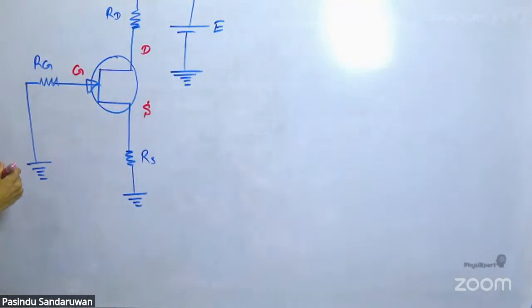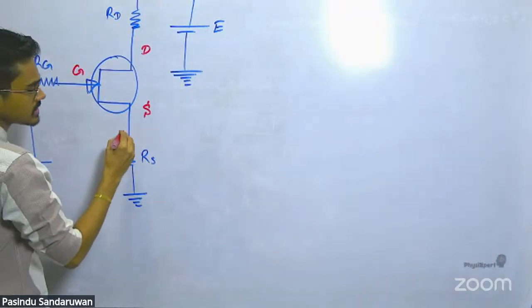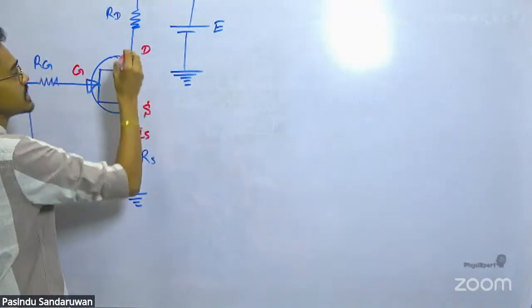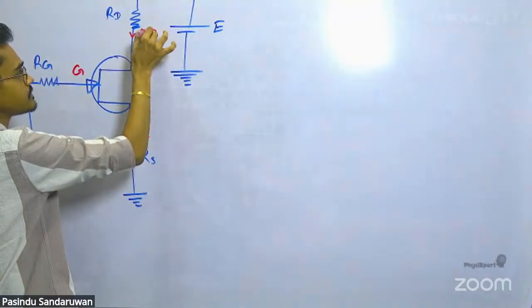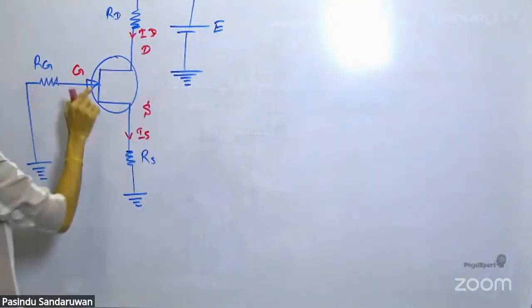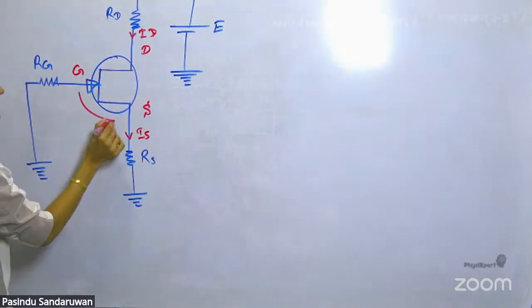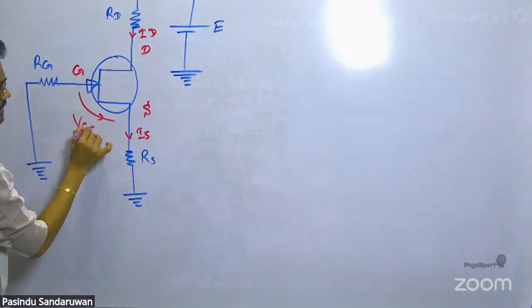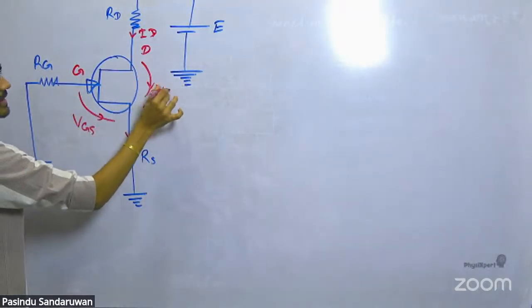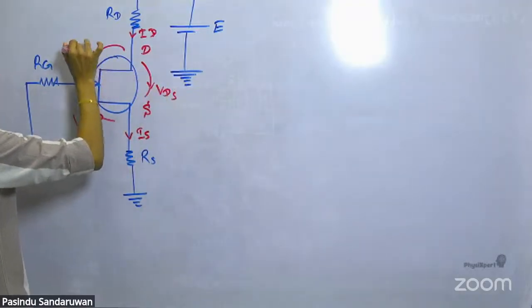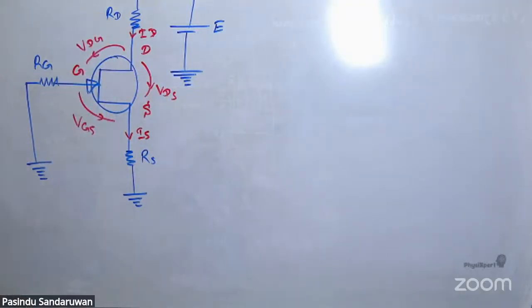The direction of current here is downwards, IS. This is downwards, ID. No current flows in the gate terminal. This potential difference is called VGS, this is VDS, and this is called VDG.